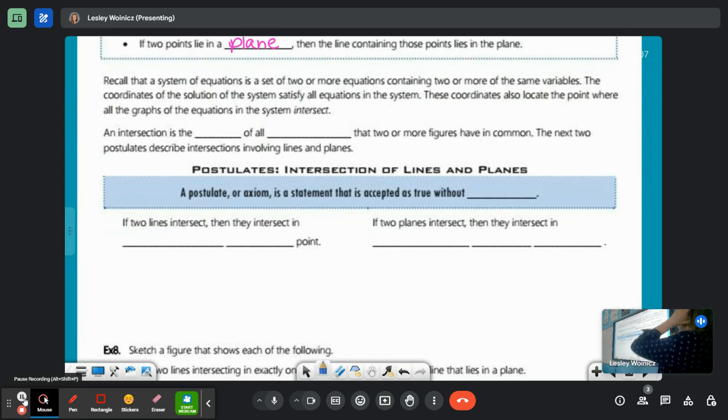Okay, from algebra, you might remember that a system of equations is a set of 2 or more equations containing 2 or more of the same variables. The coordinates of the solution of the system satisfy all equations in the system. Remember that our answers had to make all of our equations true.